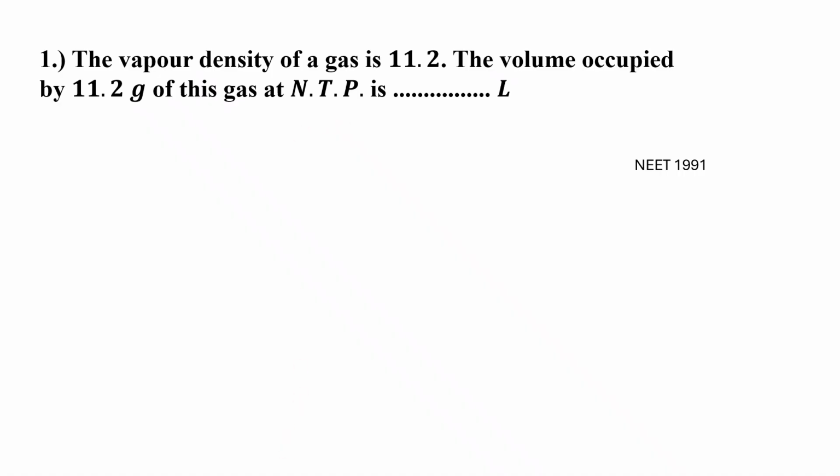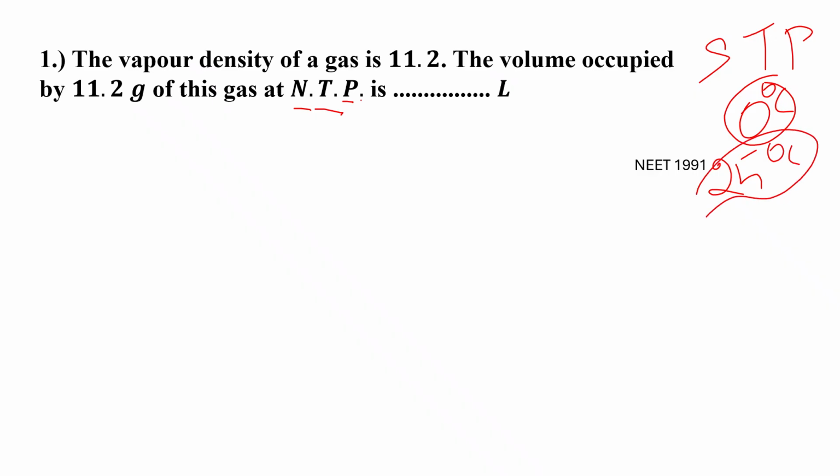Basically, what is NTP? NTP means normal temperature pressure, just like STP. STP is standard temperature pressure. In this case, the standard temperature can be 0 degree Celsius or else 25 degree Celsius, but the majority of the time we take 0 degree Celsius as the standard temperature, and 1 bar as the standard pressure.